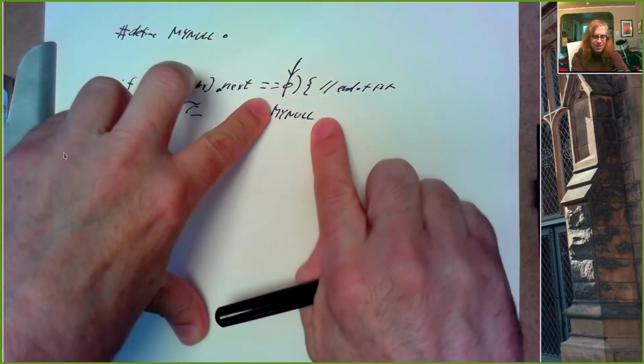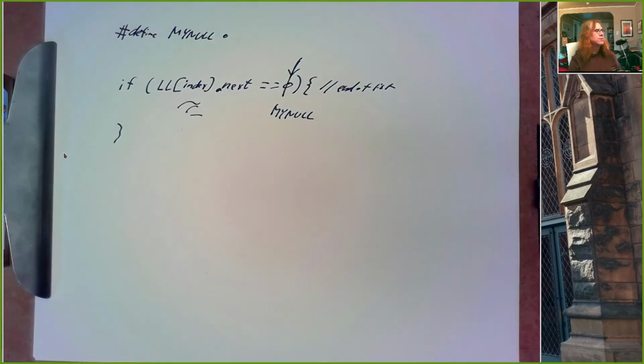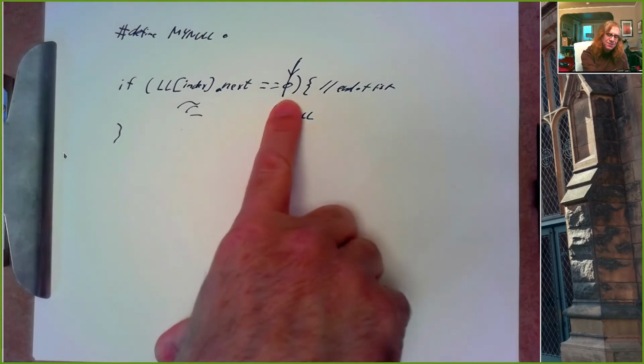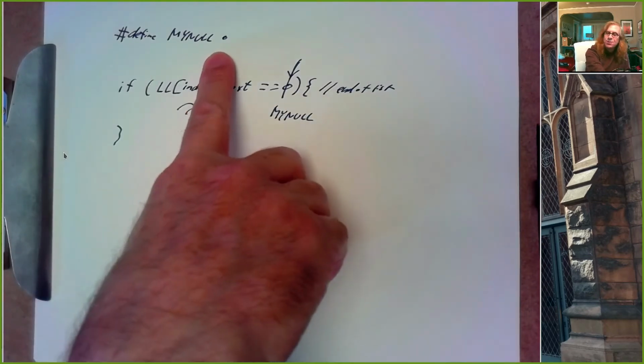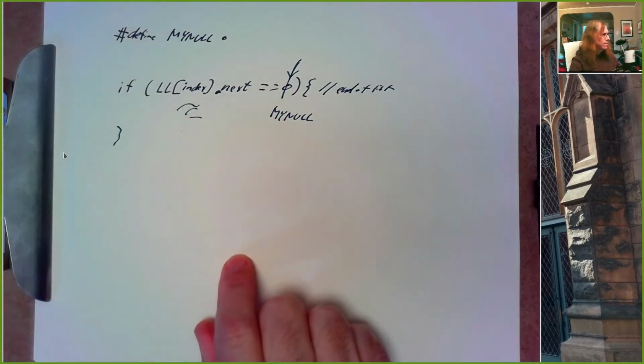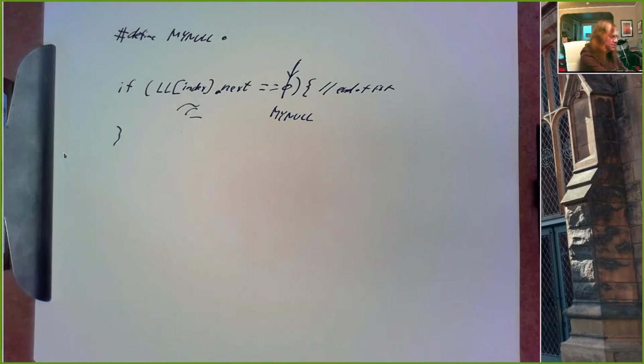So if I compare it to MYNULL, it's really comparing to 0. But if for some reason we wanted our magic number to be -15, instead of going through all my code and finding every place where I deal with the next field and compare it to 0, I just change one thing up here. I change MYNULL to -15. And why am I asking you to do that in this case? Well, you can just pretend I'm crazy or eccentric or something. And when we get to PA2, you'll see why I'm asking you to do that.